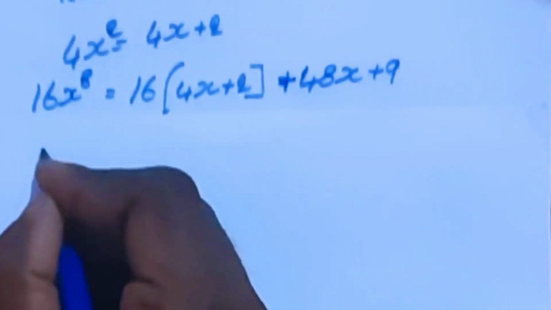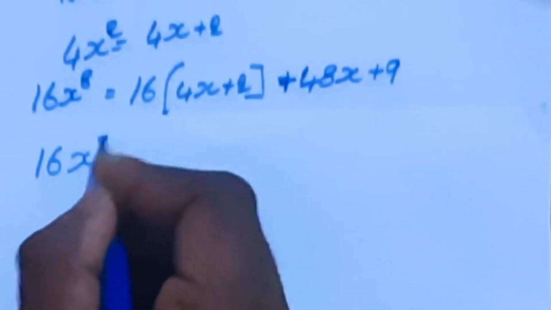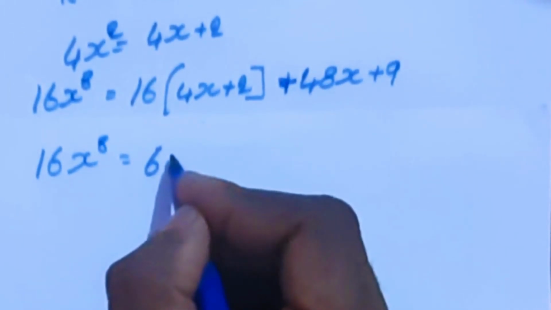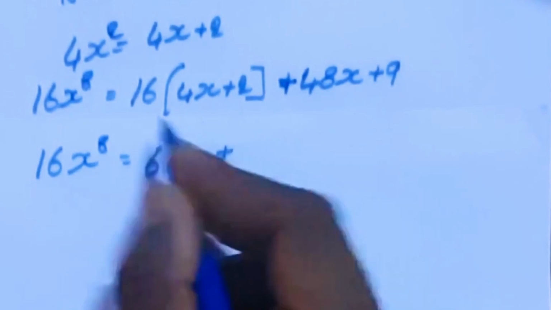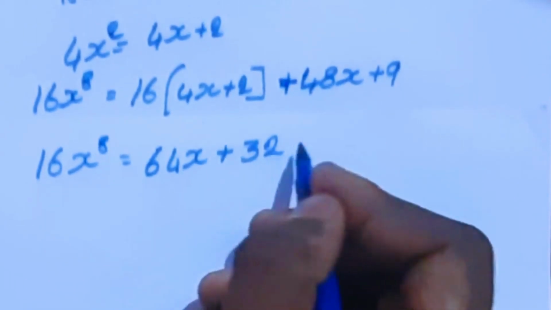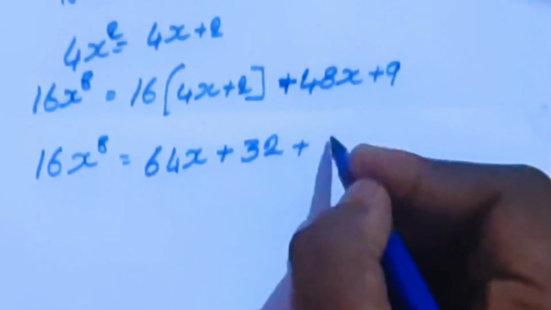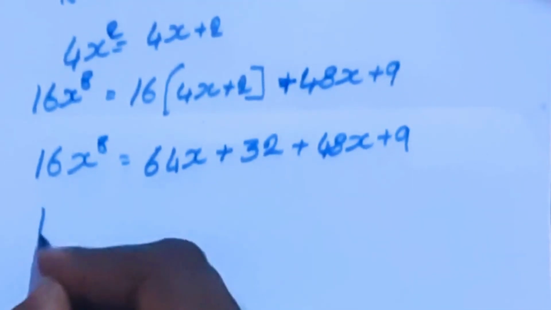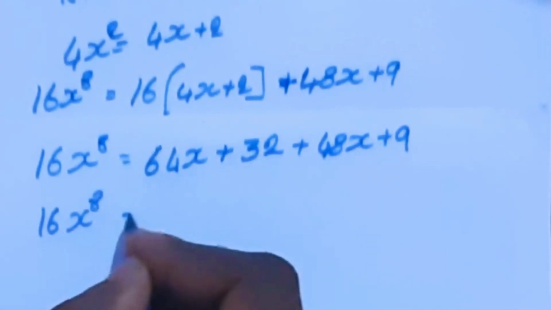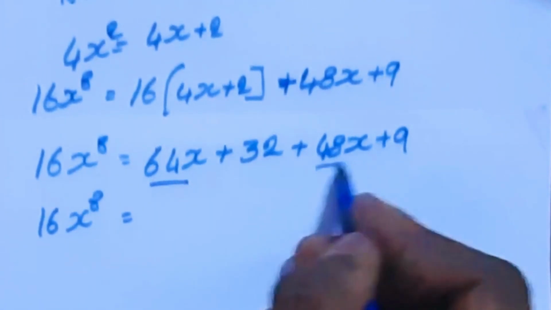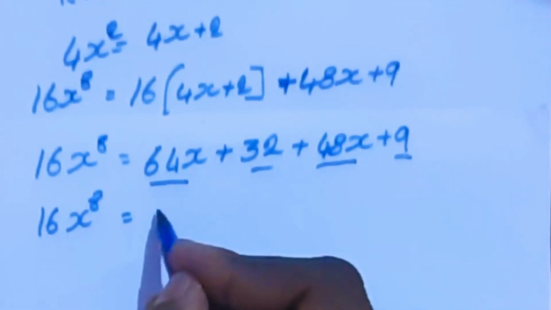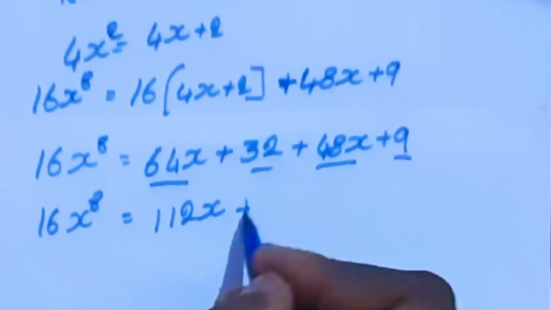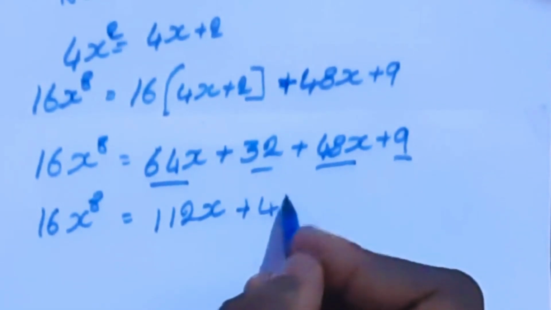Now here is 16x to the power of 8 equal to the 16 times of 4, 64x plus, here it is 32 plus 48x plus 9. Now 16x to the power of 8 equal to this, we are going to add this and this. So we will get 112x plus, here it is 41.